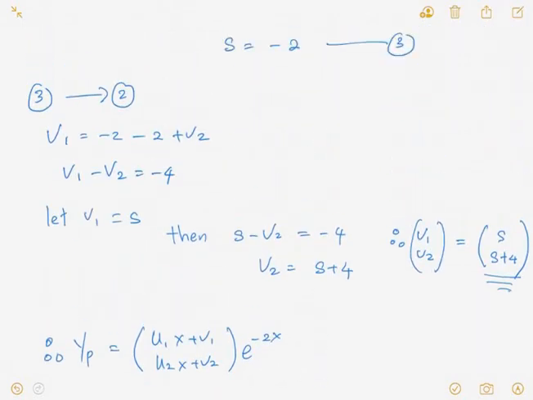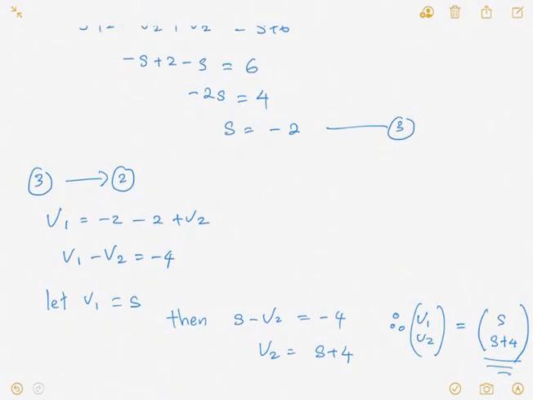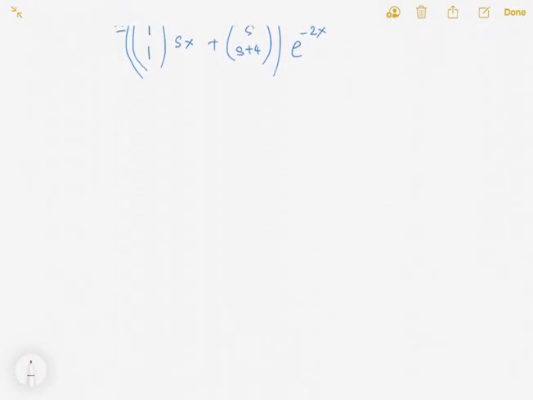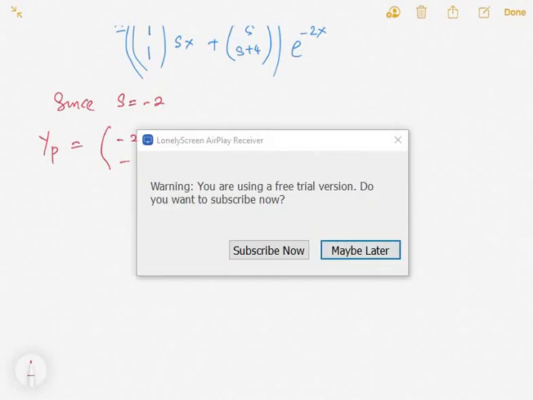From the previous, you know that s is equal to negative 2. So you substitute the value. Since s is equal to negative 2, yp is equal to negative 2x minus 2, negative 2x plus negative 2 plus 4, exponent negative 2x.